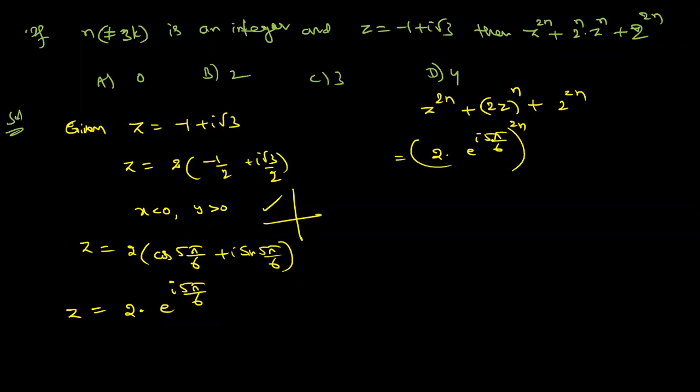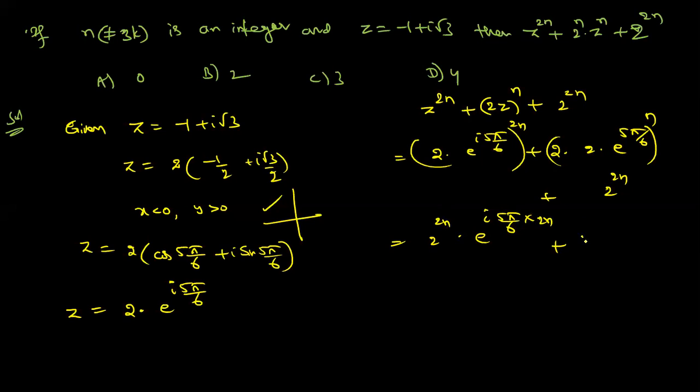So I am using de Moivre's theorem, dear students. 2z is 2 into e power i 5 pi by 6, whole power n, plus 2 power 2n as it is. So this is 2 power 2n, dear students, e power i into 5 pi by 6 into 2n plus 2 power 2n, e power i 5 pi by 6 into n plus 2 power 2n.